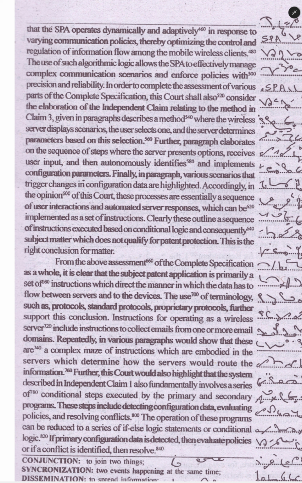The operation of these programs can be reduced to a series of if-else logic statements or conditional logic. If primary configuration data is detected, then evaluate policies, or if a conflict is identified, then resolve.